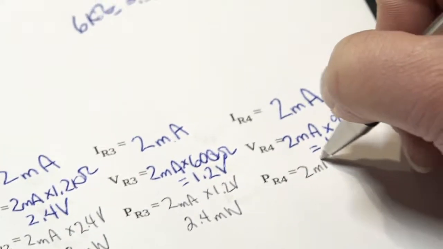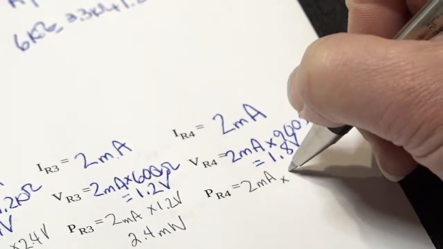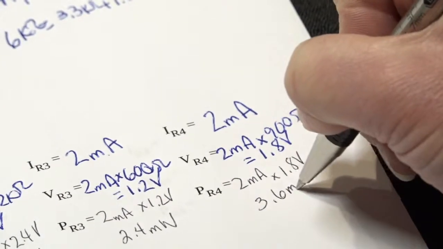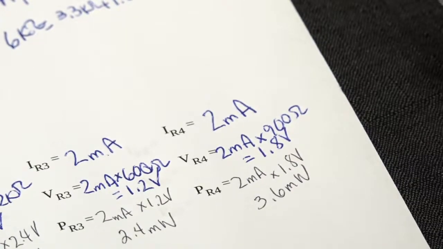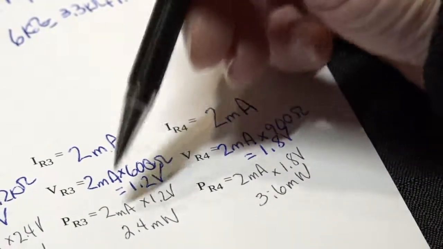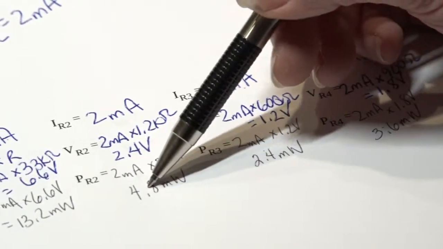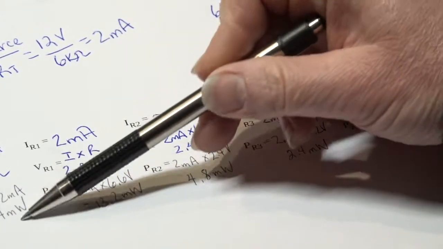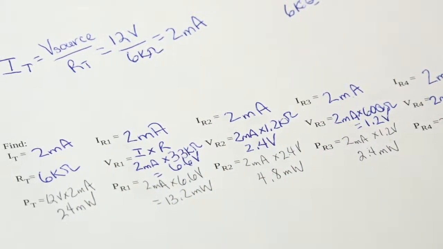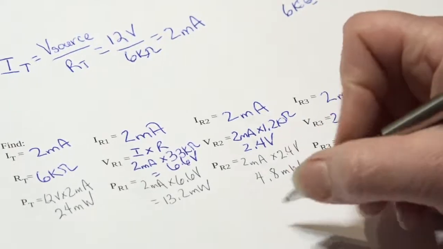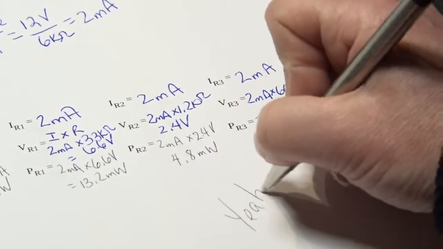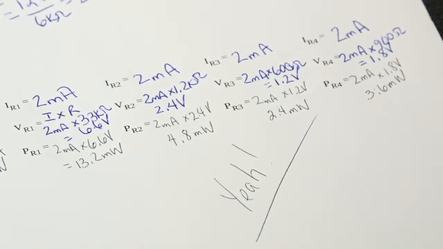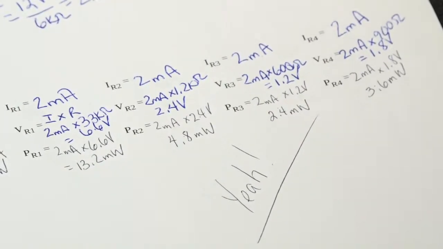And 2 milliamps times 1.8 volts gives us 3.6 milliwatts. Now let's go ahead and add those up. The 3.6 plus the 2.4 plus the 4.8 plus the 13.2, by golly, adds right up to the 24 milliwatts. So, yay! Everything worked out beautifully. So now let's go ahead and do another sample.